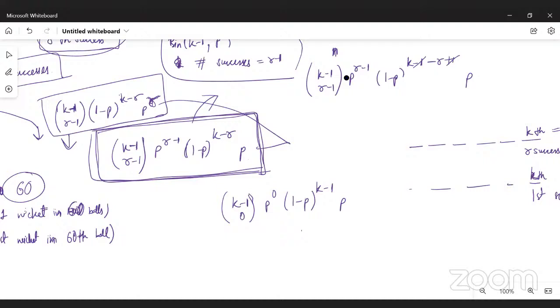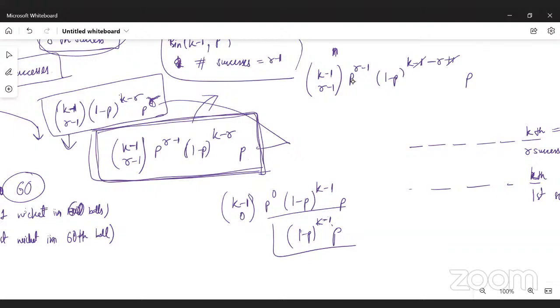It is 1. And it is 1 minus P to the power k minus 1 into P, which is the same as the geometric distribution. Right? Okay, ma'am.